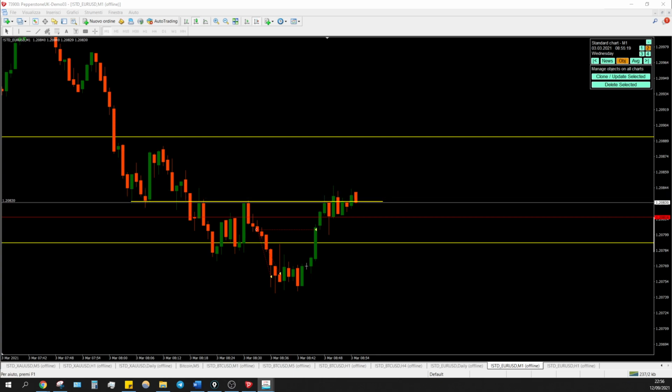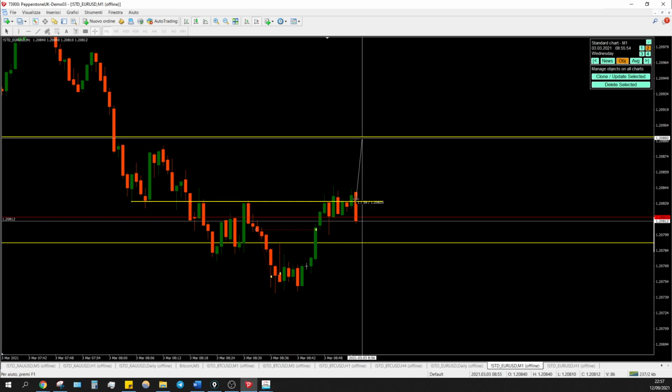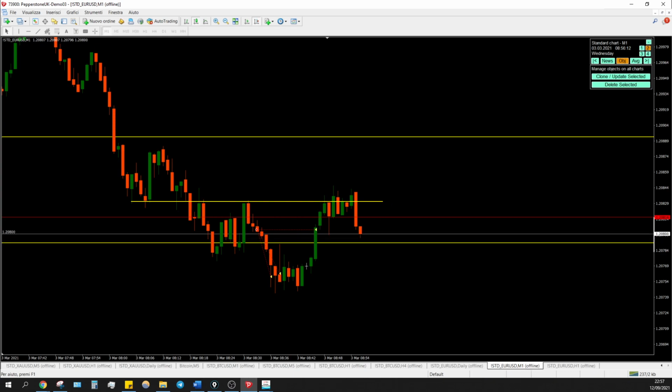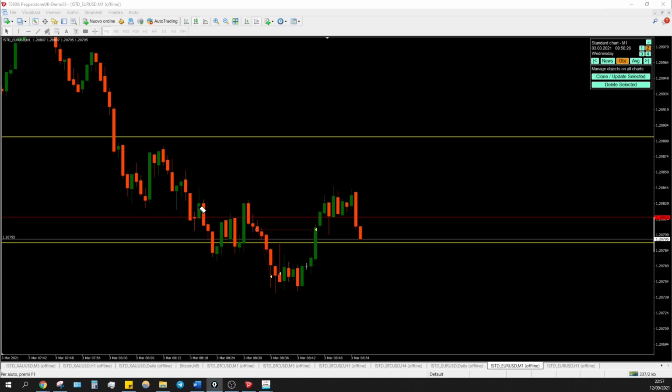Okay, looks like we're closing above. Of course, safer buys for me would be above here, but after this bearish candle, I think we're not considering buys anymore.